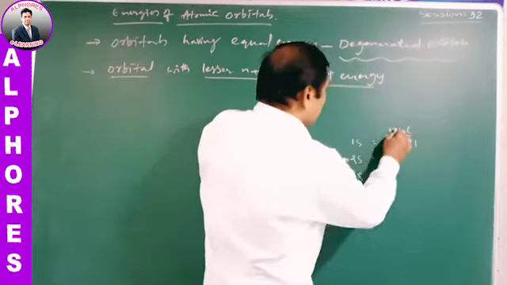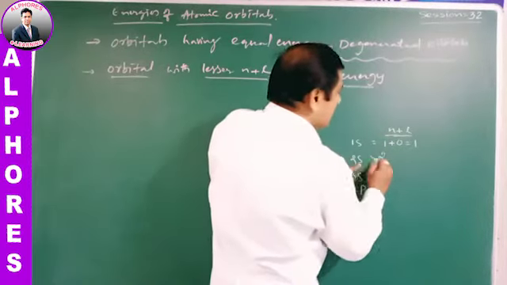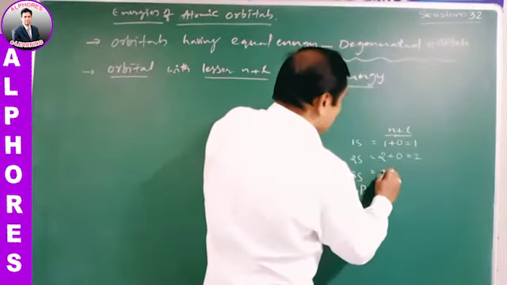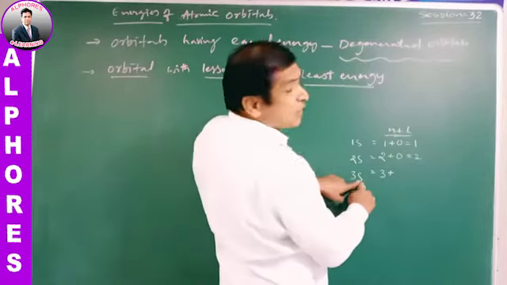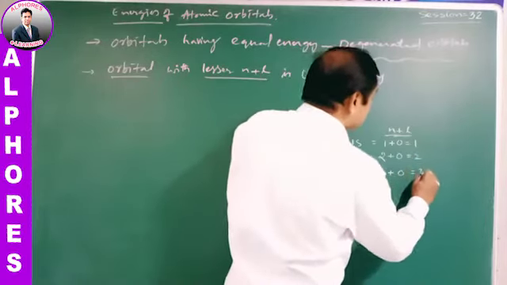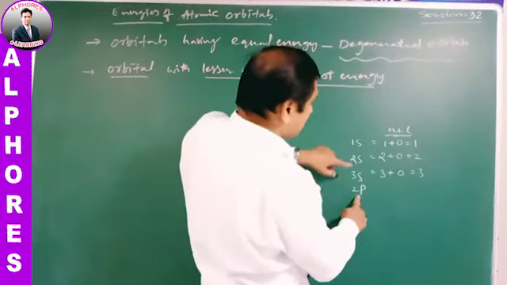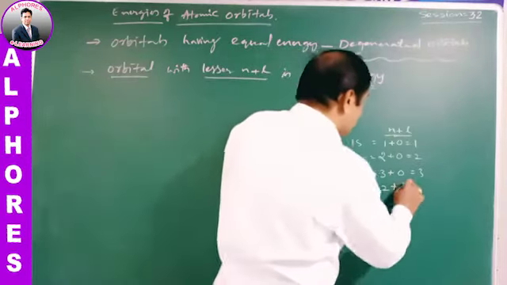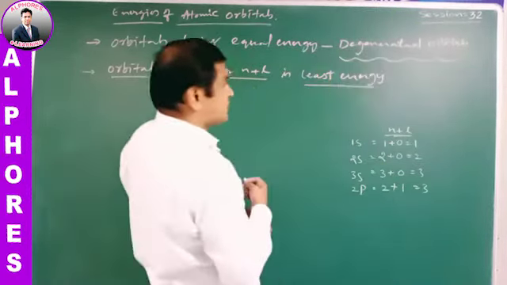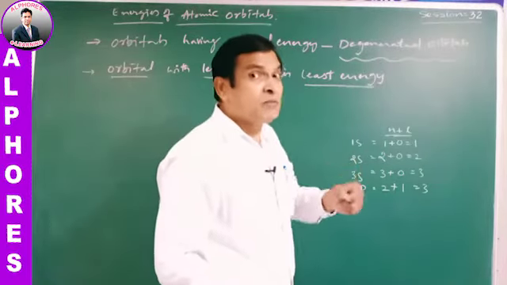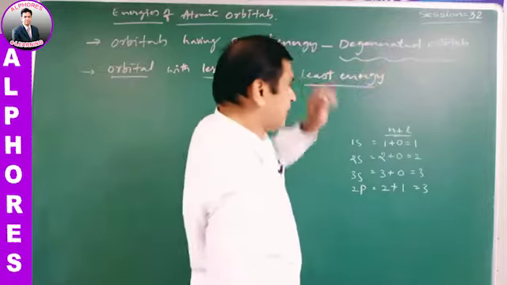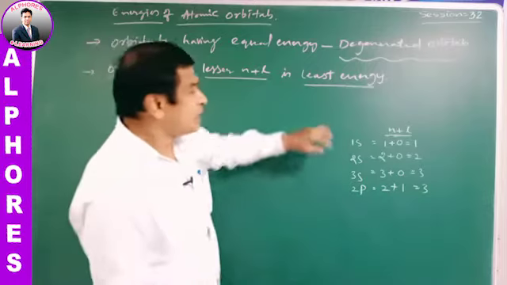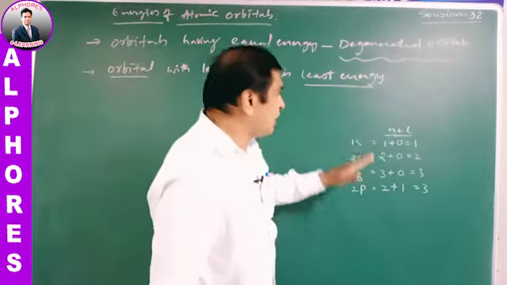For the 2s orbital, n is 2 and l for the s orbital is always 0, so it equals 2. For the 3s orbital, n is 3 and l is 0, so it equals 3. For the 2p orbital, n is 2 and l for any p subshell is 1, so it equals 3. The orbital with lesser n plus l value is least energy. Among these 4 orbitals, the 1s orbital has the lowest energy because its n plus l value is 1, the least of the four.